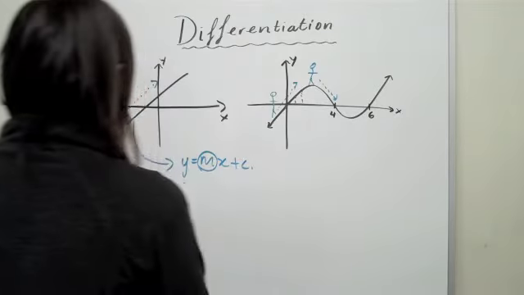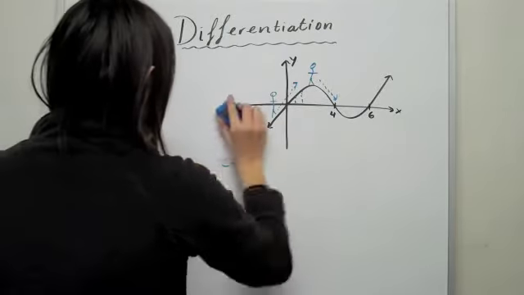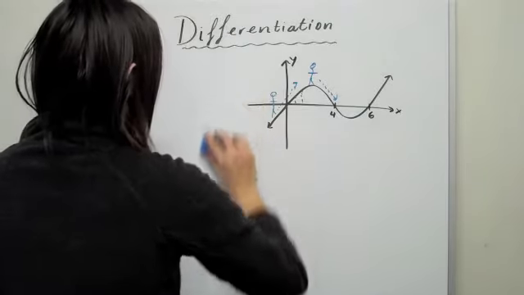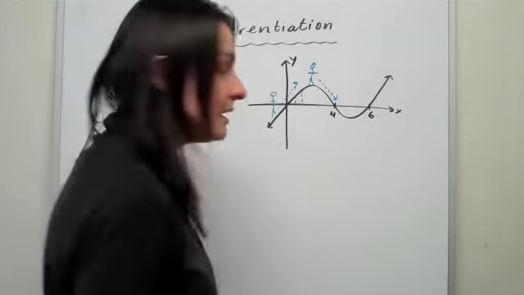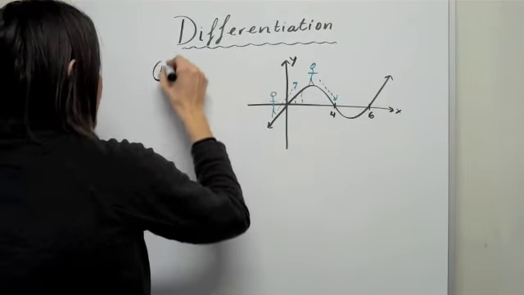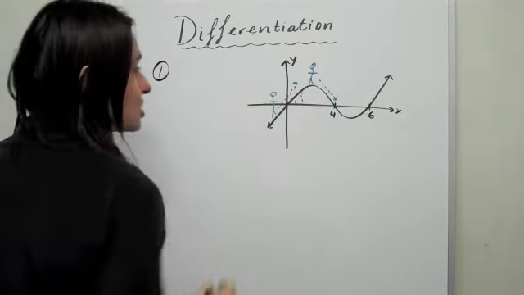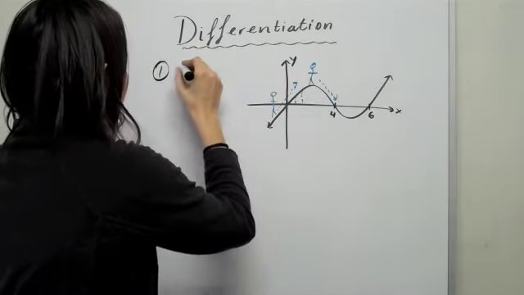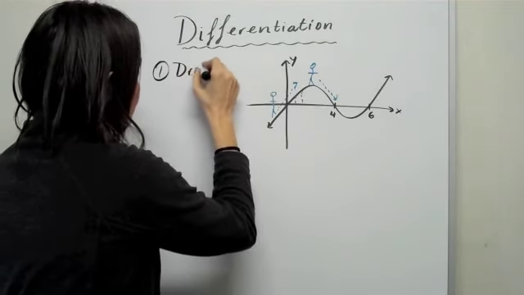Well, the way you find it is you first have to understand how to do something called differentiation. Okay, so this is the second law of differentiation. Basically, to differentiate anything, you have to drop the power.